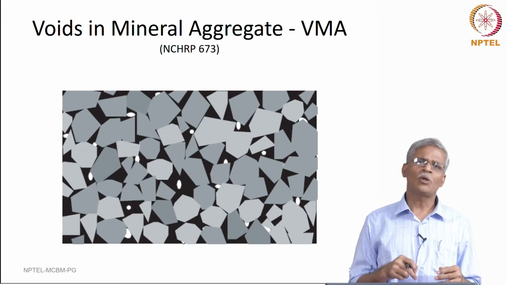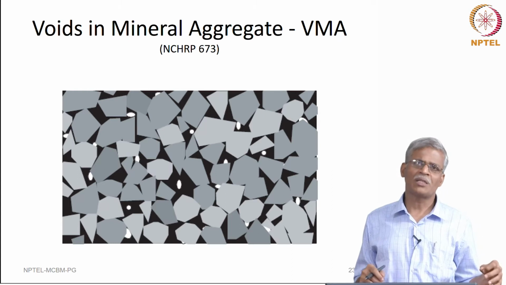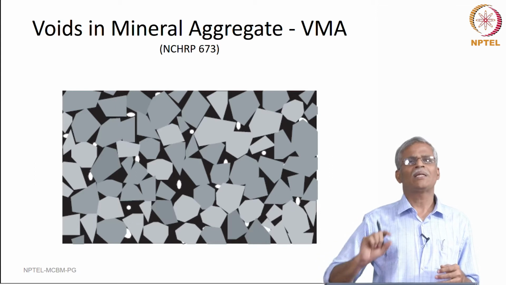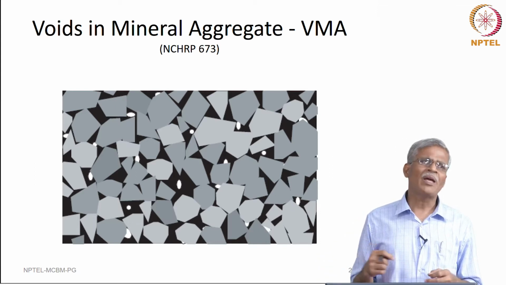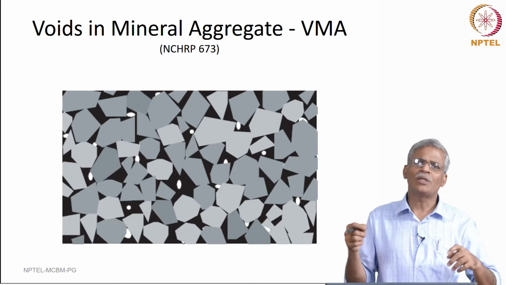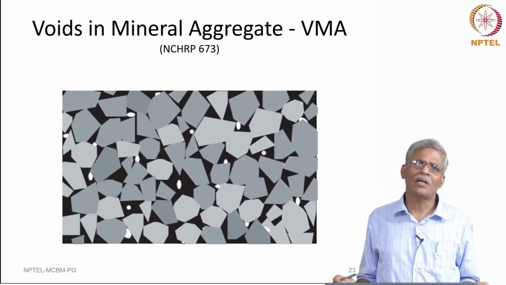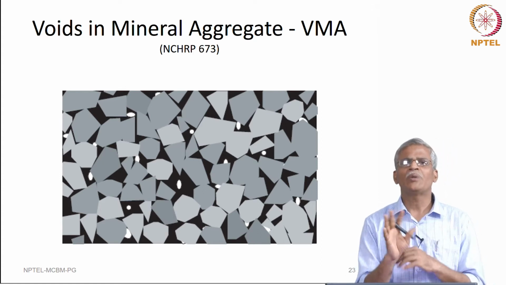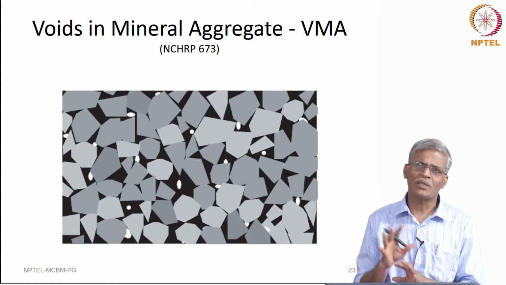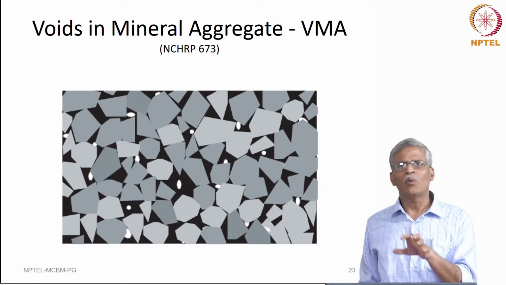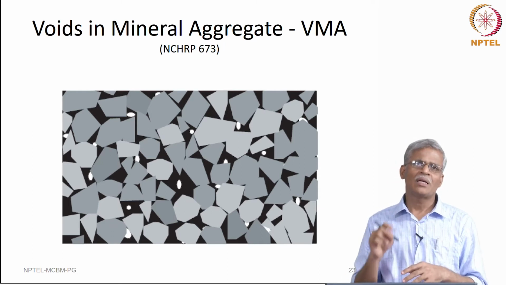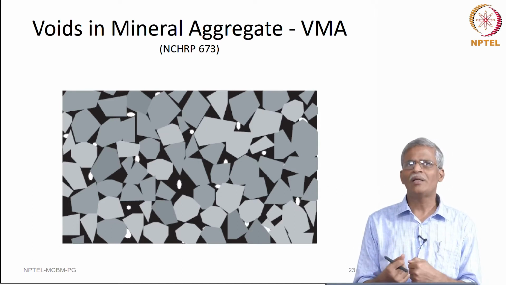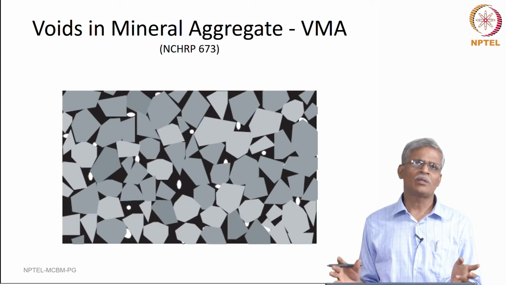Take one small unit cross section there, let us say 10 centimeters by 10 centimeters by 10 centimeter thickness, and if by magic you could take out all the binder that is coated on the aggregate particles and take a snapshot of the haphazard way in which the aggregate skeleton is arranged, as well as the voids that are there in the interstices, the void that you are going to see because of this haphazard arrangement of the aggregate is called the voids in mineral aggregate.